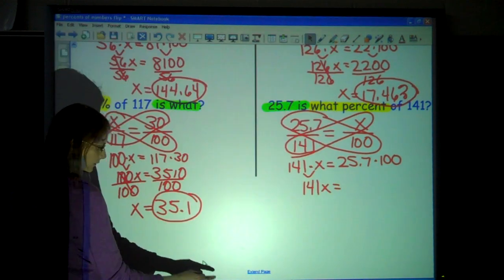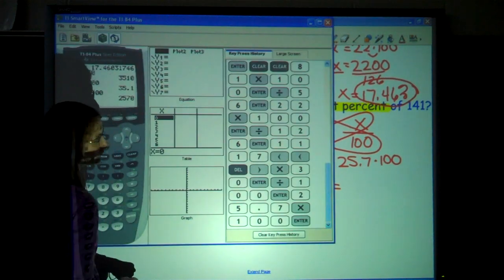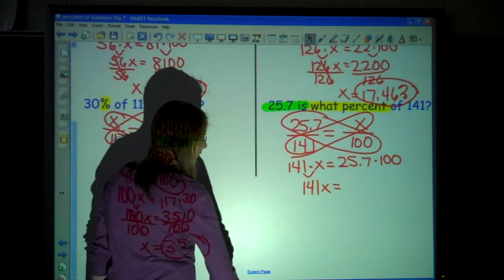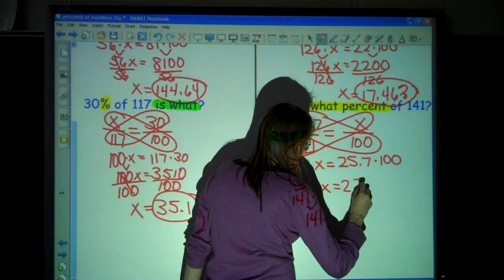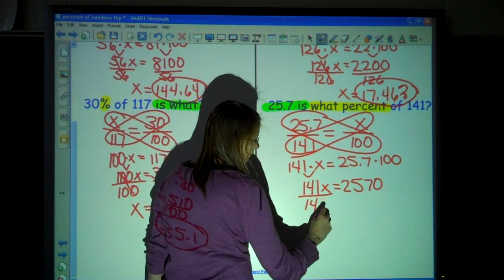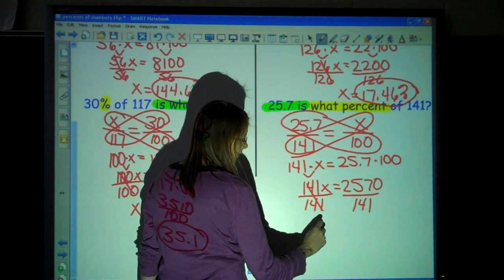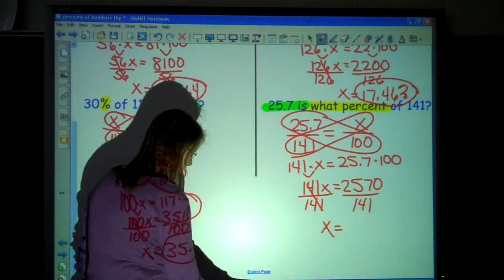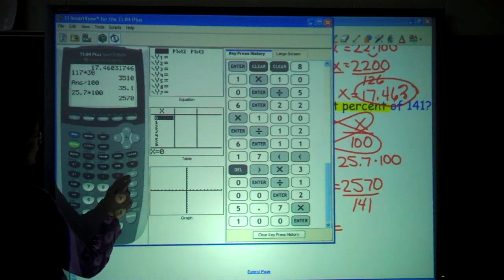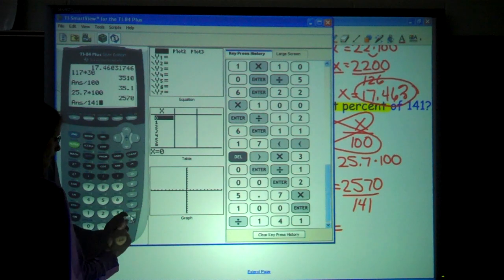Is 2,570. Yep, 2,570. Now I'm going to divide both sides by 141. 141 divided by 141 is 1x. 2,570 divided by 141.